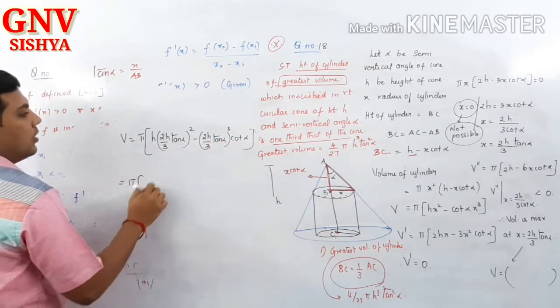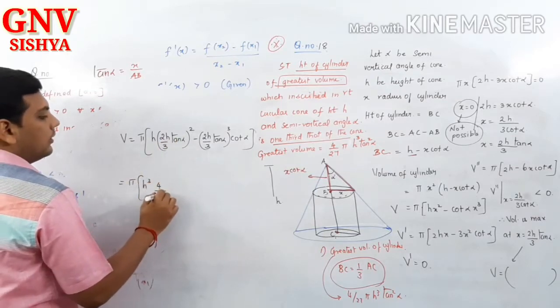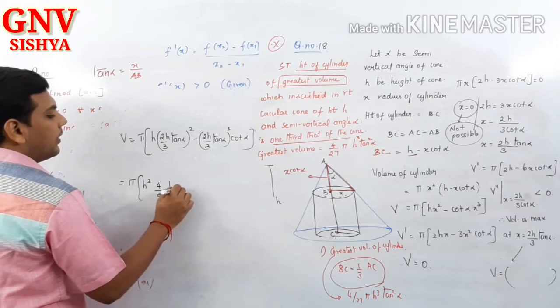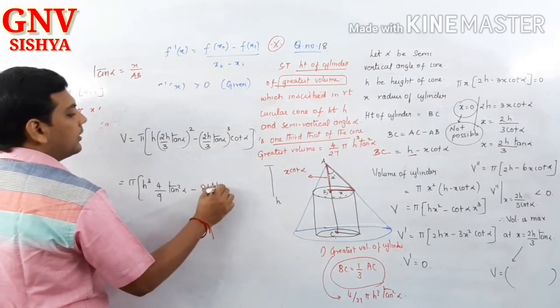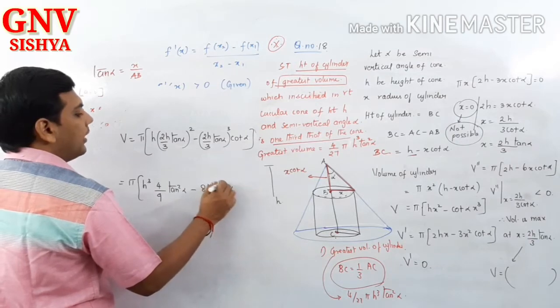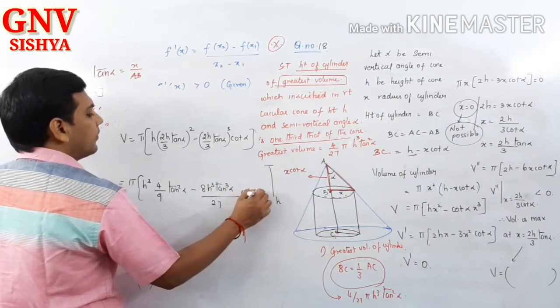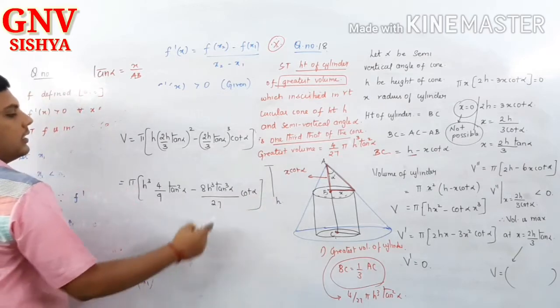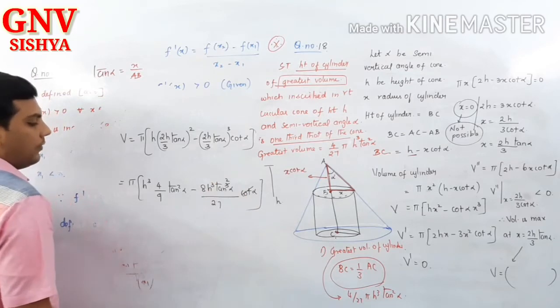Pi into, so h square here with h gives h cube, 2 square is 4, 3 square is 9, tan square alpha. And here it will become 8 h cube tan cube alpha divided by 3 cube is 27, cot alpha. Am I correct? Yes. Tan alpha and cot alpha will get cancelled, so it will become tan square alpha.